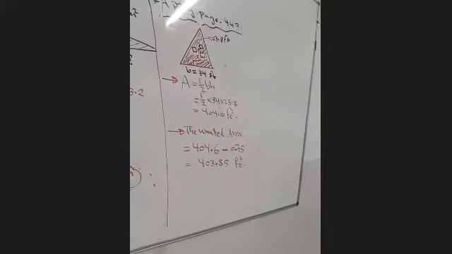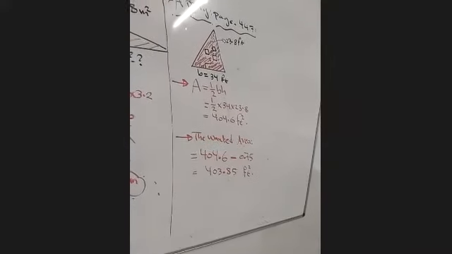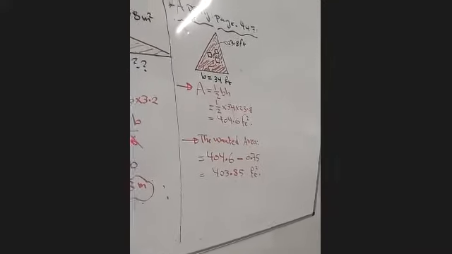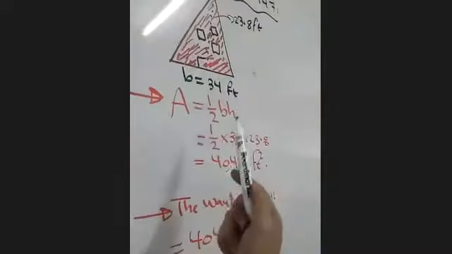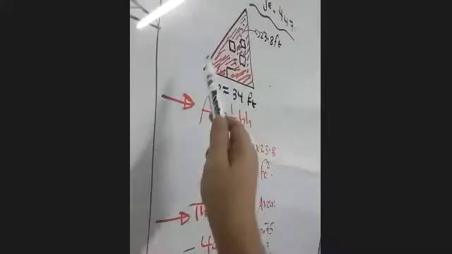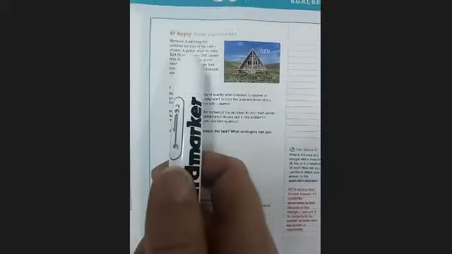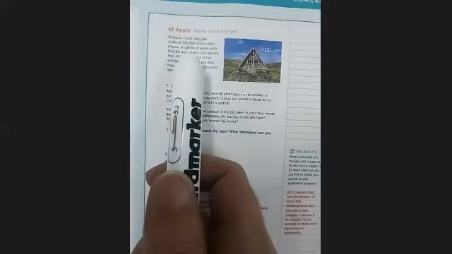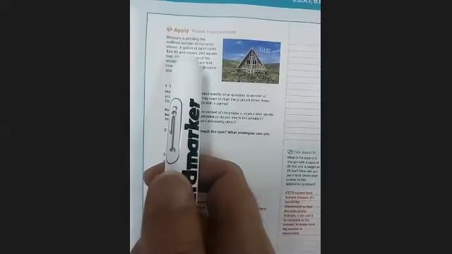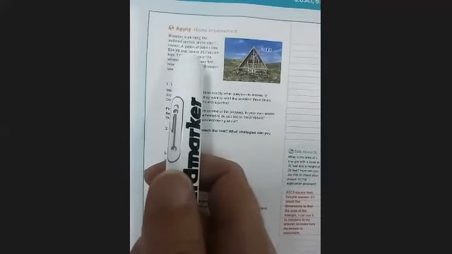Okay. Good. Now, let's go back to the question. I forgot the question. We found the whole area. We found the wanted area. Good. Now, let's go back to the question to talk about the cost. A gallon of paint costs $24.95 and covers 250 square feet. Good.